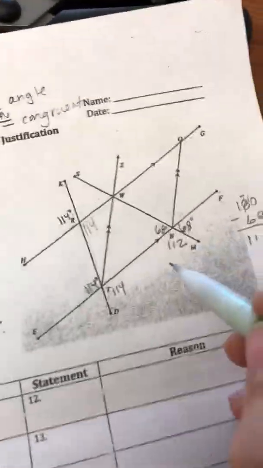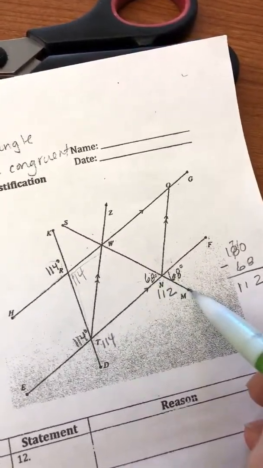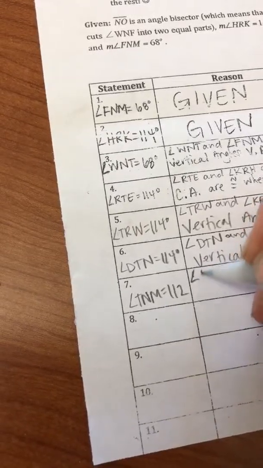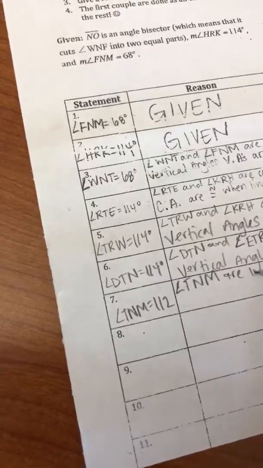So, oh, the measurement of that angle is 112, and the name of it is TNM. So here we go. TNM equals 112. And the reason for that is TNM are a linear pair. Wait, TNM, gosh, good thing I write in pencil. TNM and WNT.